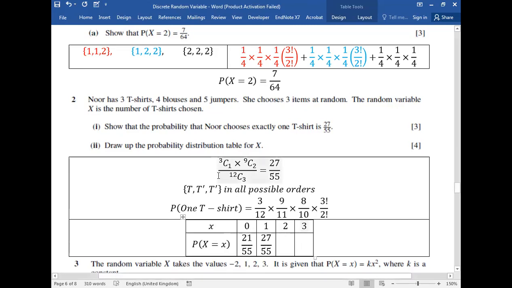That is one way, and another way is 3C3 upon 12C3. अब यह आ रहा है 1 over 220.